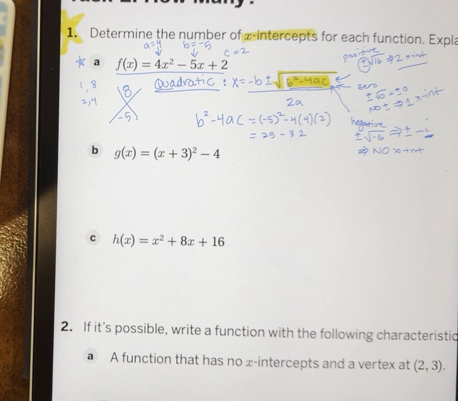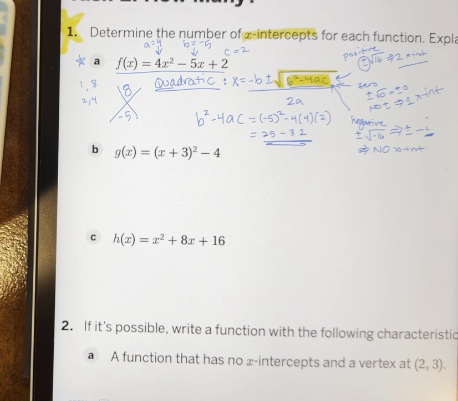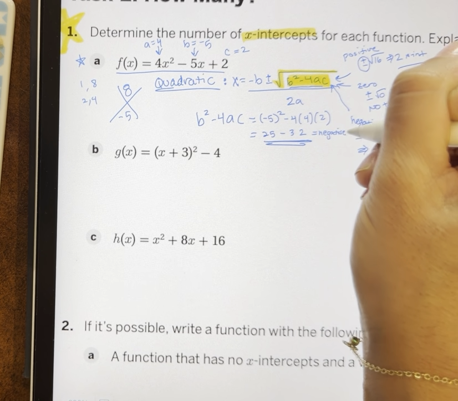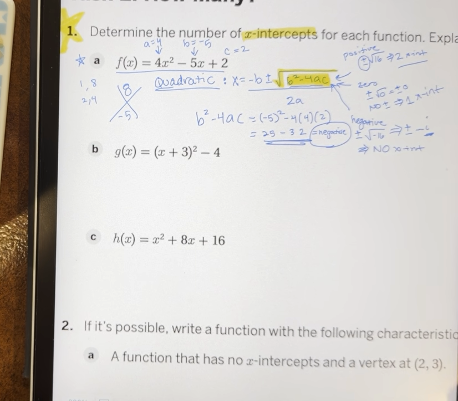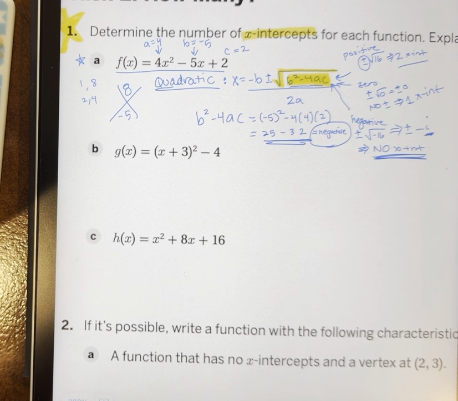And holy crap, look at that. 25 minus 32, I don't even need to know what it is. Just that, subtracting something bigger from something smaller, this is negative. This is so negative, which means I have no x-intercepts here. Okay? All right. Now, I did tell you guys this is the hardest one. So let's look at some easier ones.